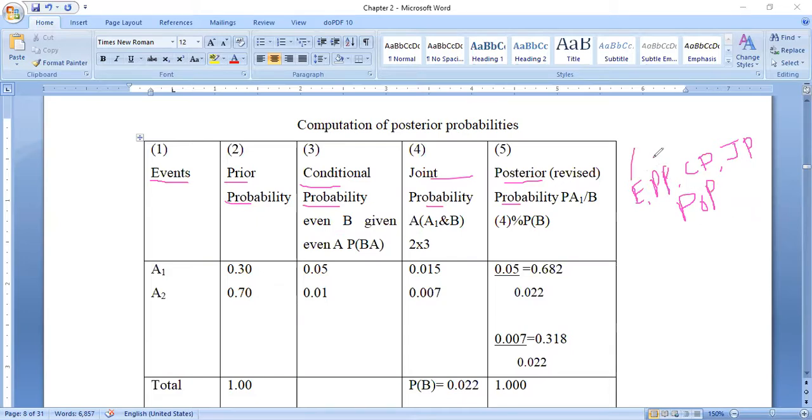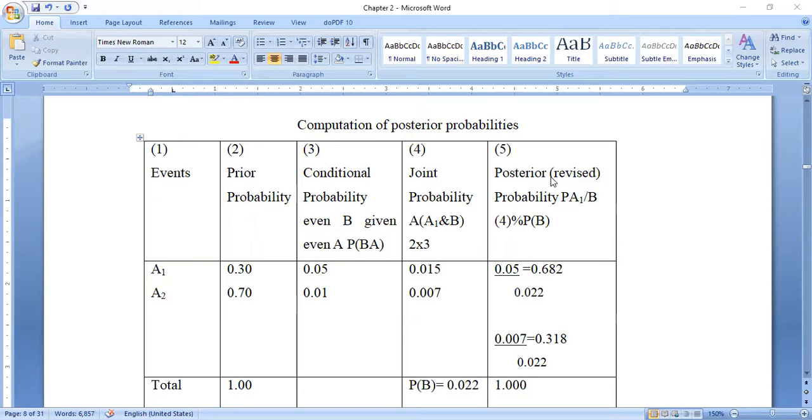In this way you need to recognize and recollect this table. Very simple. Events number 1, prior probability number 2, conditional probability number 3, joint probability number 4, posterior revised probability number 5.